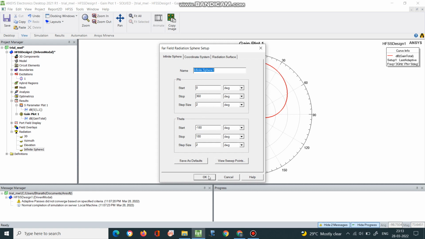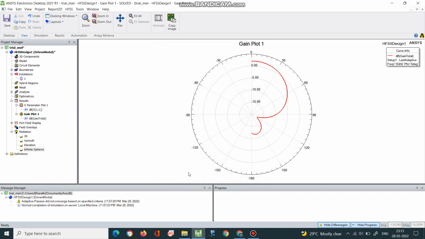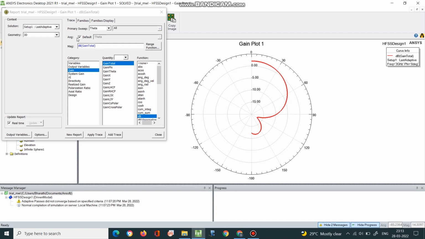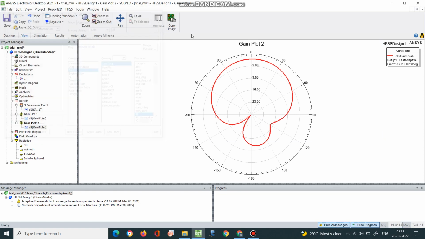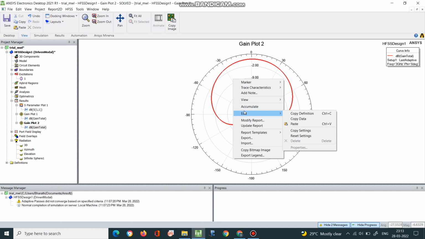Okay, here the geometry is infinite sphere. So from minus 180 to 180, you get this one. This is only for the theta value we have set.